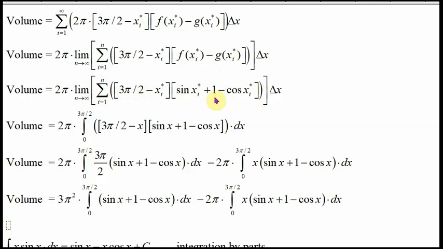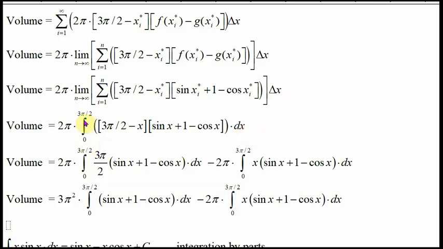And when this limit exists, we define it as the integral from 0 to 3 pi over 2 of 3 pi over 2 minus x, times sine of x plus 1 minus cosine of x, and delta x becomes dx.